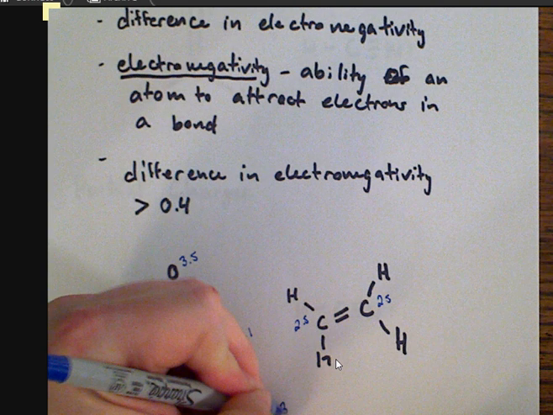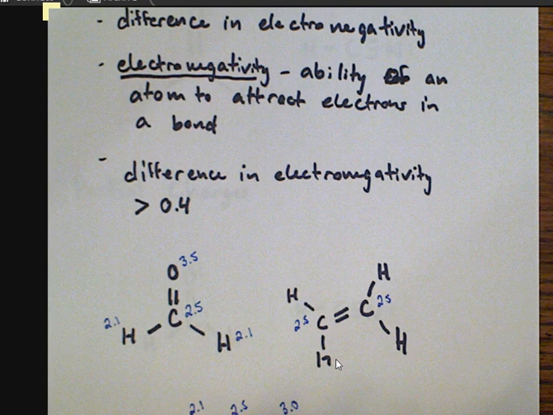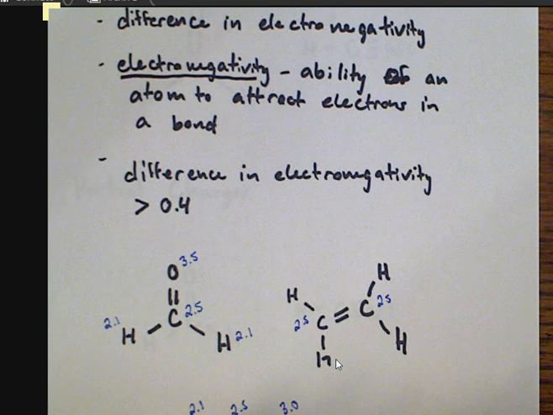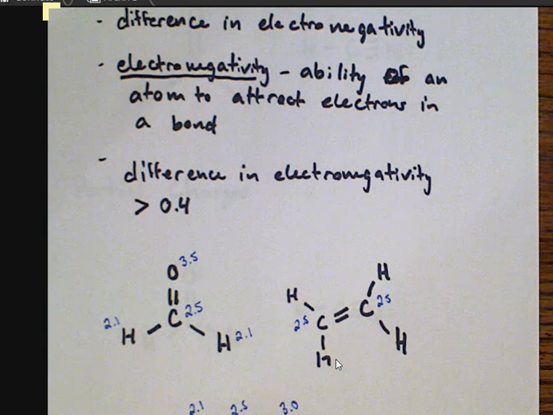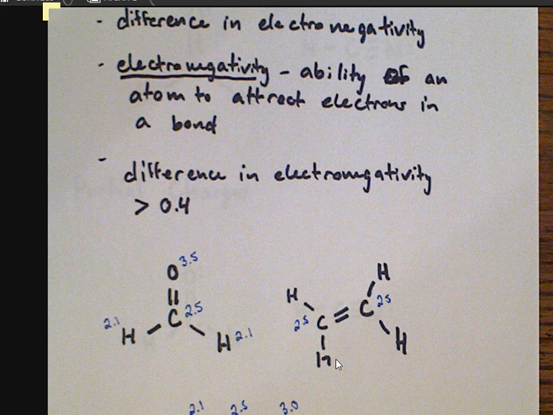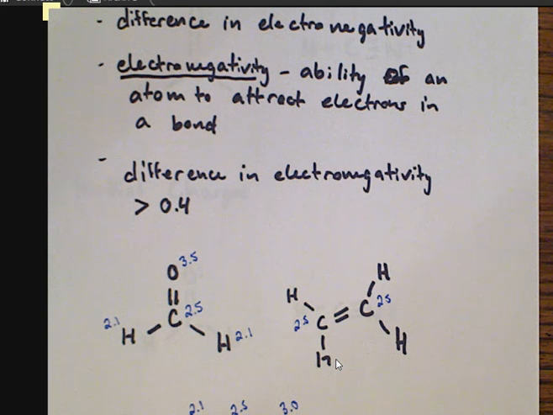Nitrogen has an electronegativity of 3.0, and so here we've got a difference in electronegativity of 0.5, and so that is a polar bond. So the way that you're going to do this is to use that table on the back, and if any of those numbers don't agree with any of the ones that I've presented, change them.